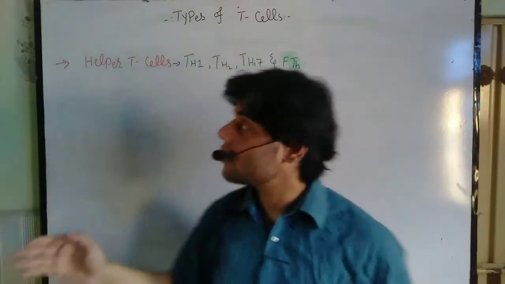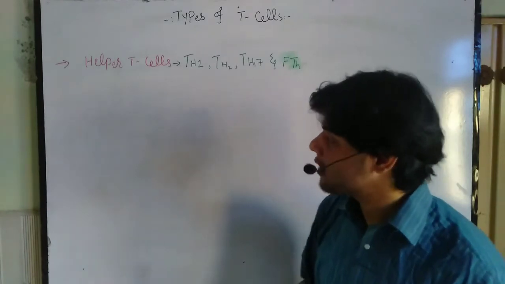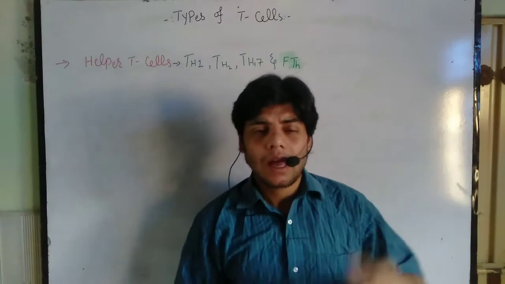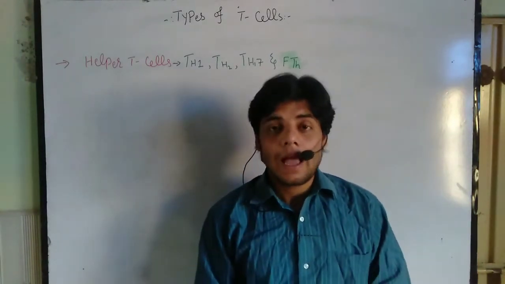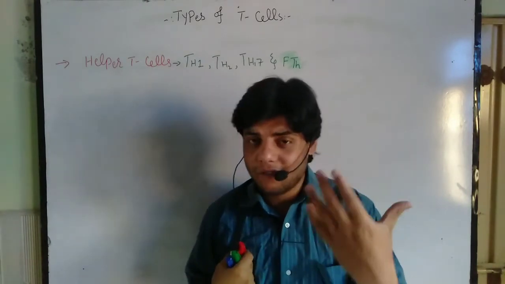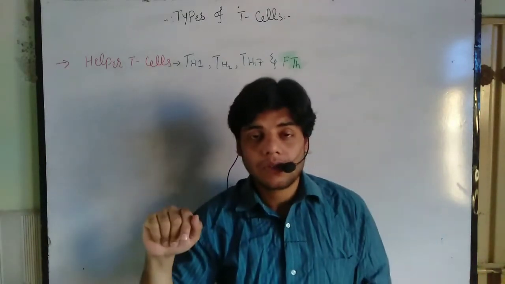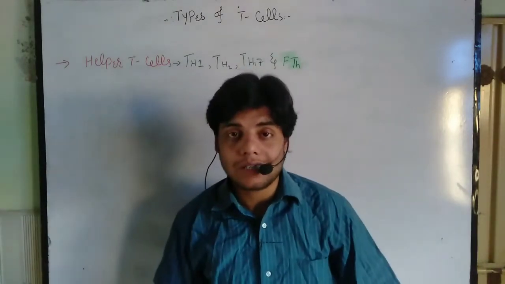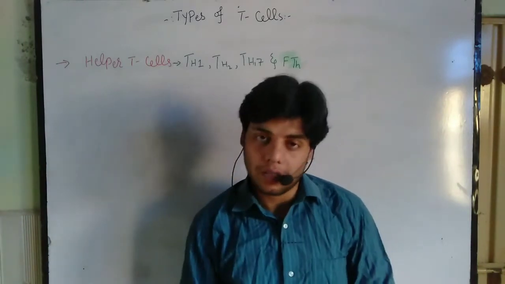Now inshallah, in the next video lecture we are going to explain helper T cells in detail. But let me tell you here a little bit about what a helper T cell actually is. Helper T cells, as the name suggests, are those cells which are activated when an infection occurs inside the body. Let's suppose any microbial infection occurs inside the body, then the helper T cell will get activated, and due to their activation they will activate some other immune cells, and once the other immune cells are activated, the infection is brought under control.